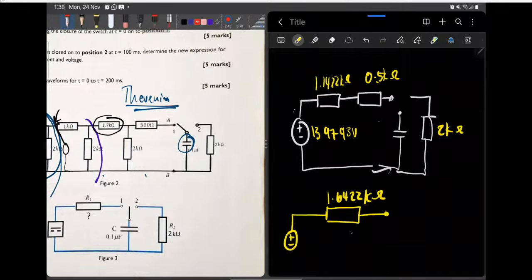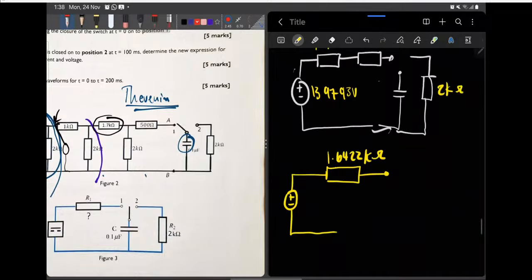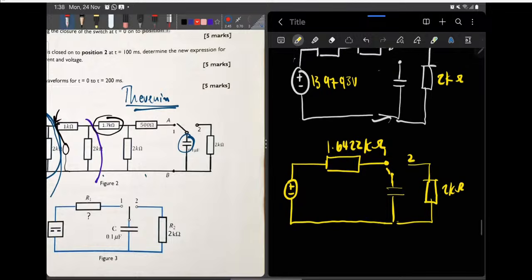It goes like this, then like that, and like this, and it comes like this. 2 kilo ohms. Position 1 with the switch somewhere here, position 2, and we now know this is 13.9793 volts.